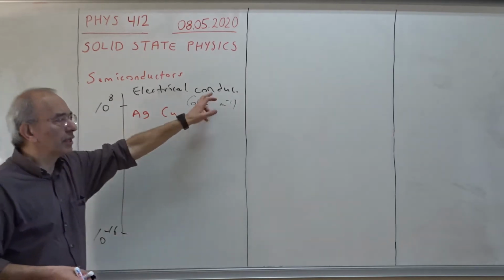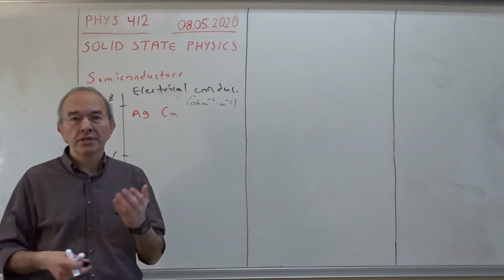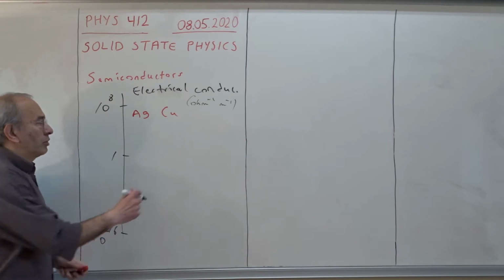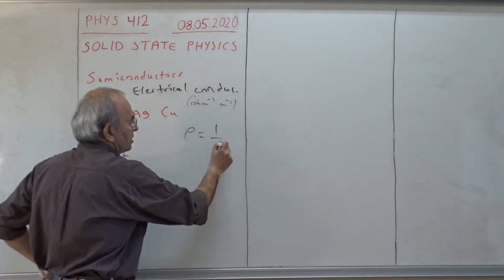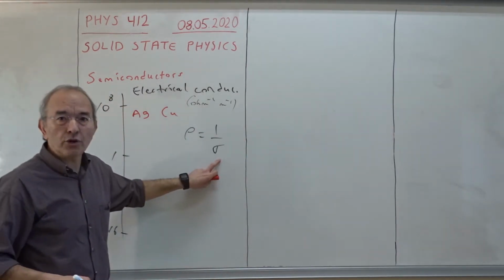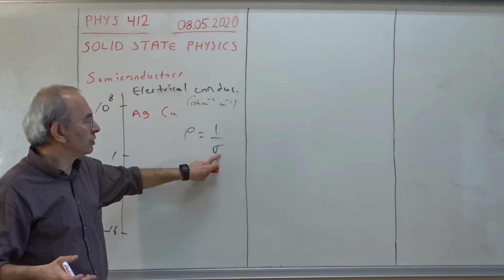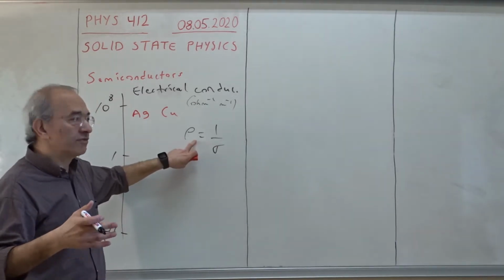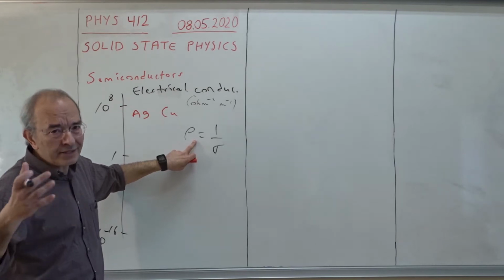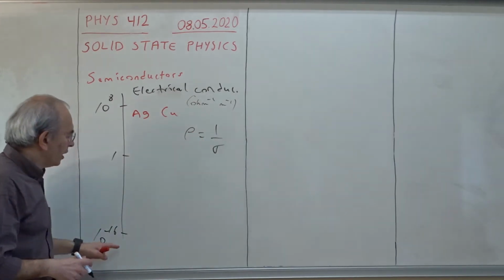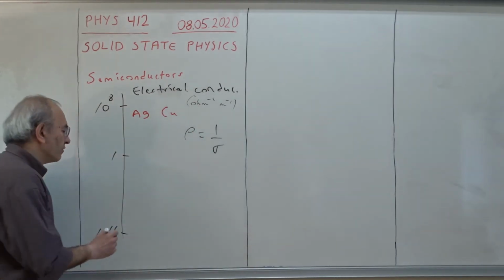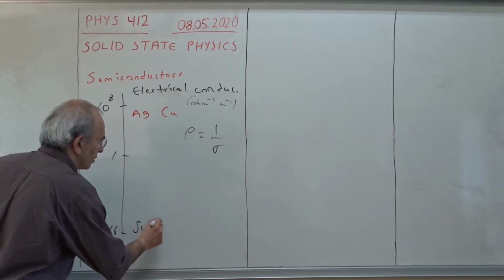This is a very good conductor, so very poor insulation. So remember that rho is 1 over sigma. So if one element has a very good conductivity, it means it has a very poor resistivity, and vice versa. So at the very lower levels we have, for instance, sulfur.